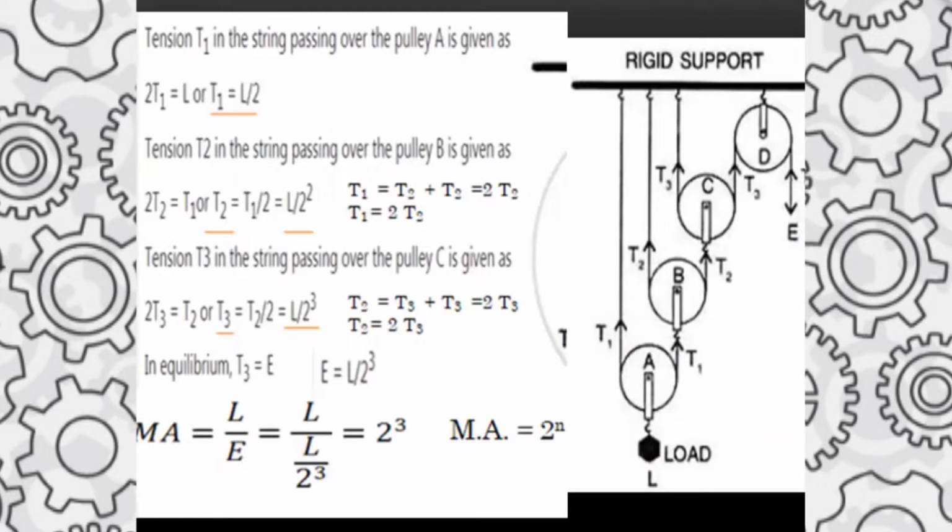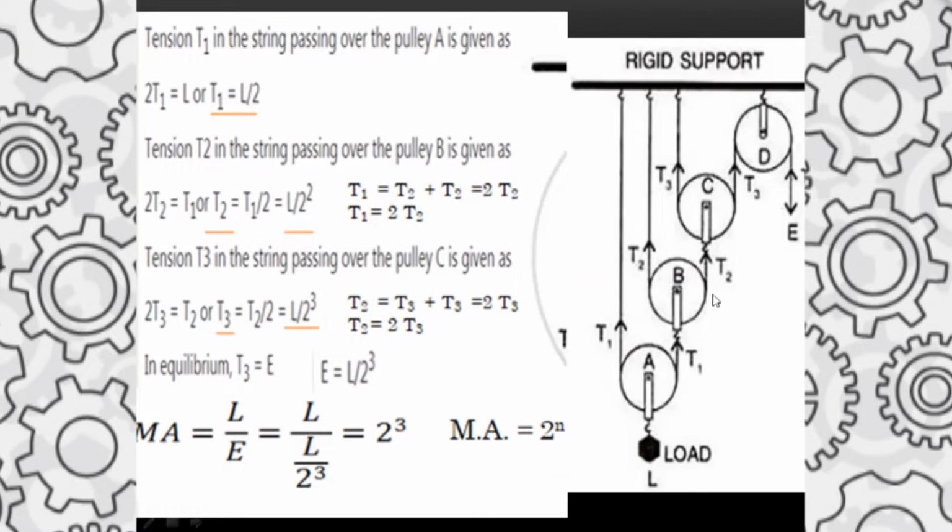What about my effort? We have to calculate the effort now. In order to calculate the effort, we need to do certain previous calculations. As you can see, the tension T1 in the string passes over the pulley A. So this T1 is in pulley A. T2 in the string passes over the pulley B. So here, 2T2 is equal to T1, which means this single T1 is supporting these two T2.